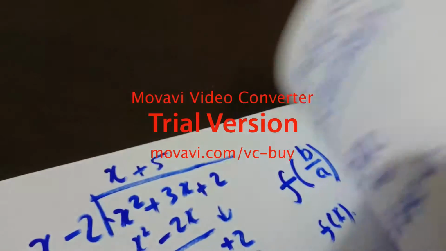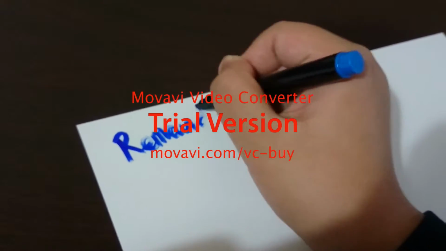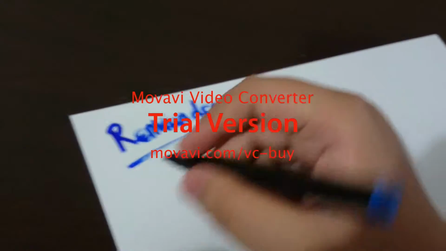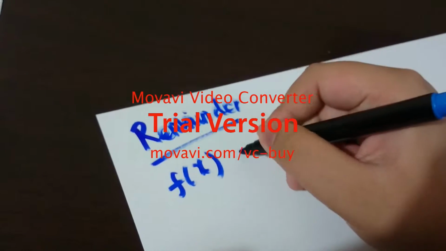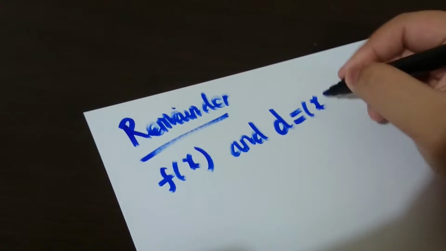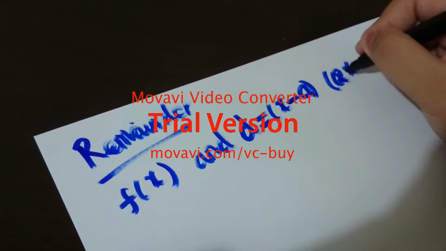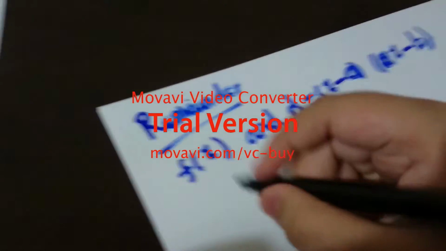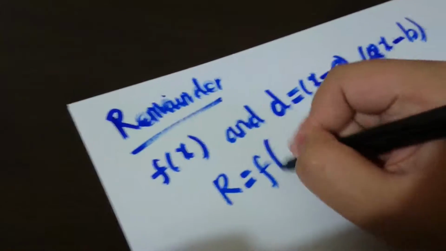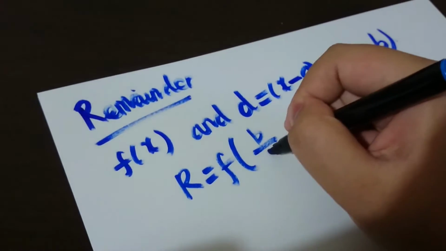So now, getting on to the remainder, you can state that if we have a known function f of x and a divisor, called d, equal to x minus a, or in some cases ax minus b, then our remainder is given by f of b over a.